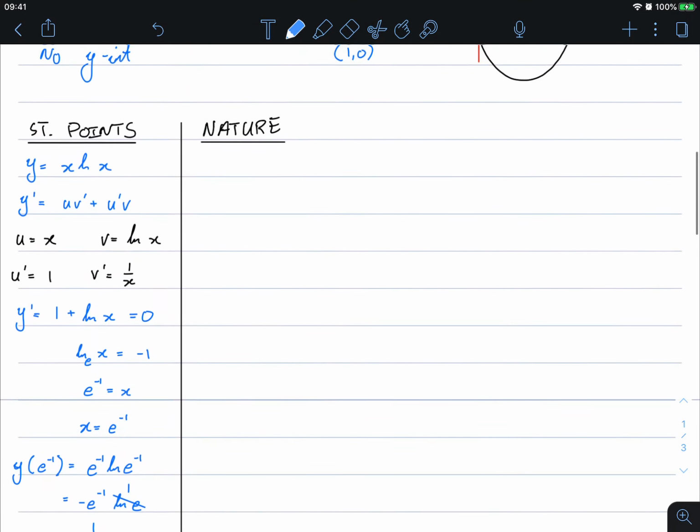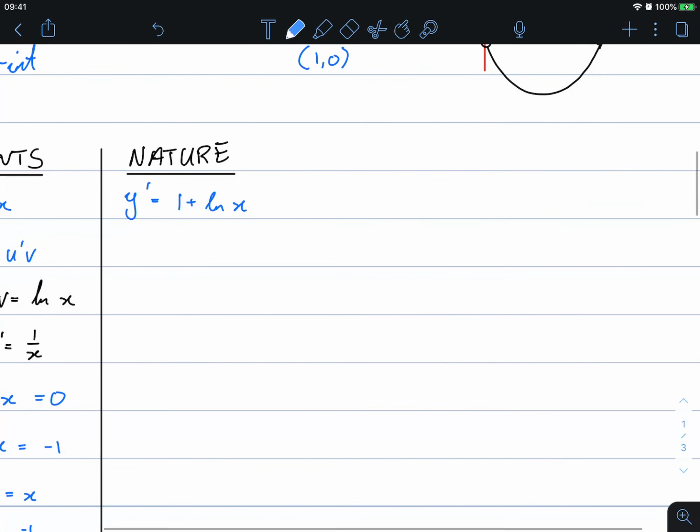So my first derivative is this one here. So y prime is 1 plus ln of x. Y double prime, deriving again, the derivative of 1 is, well, nothing, goes away. The derivative of ln of x is 1 on x.